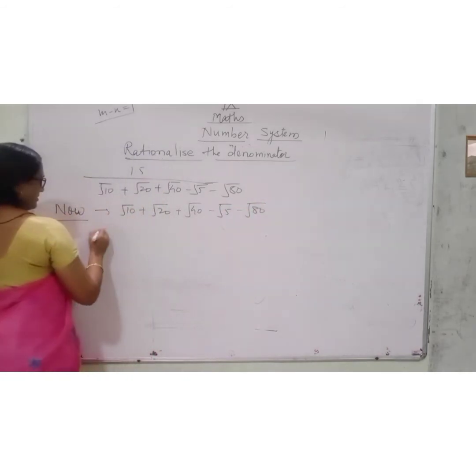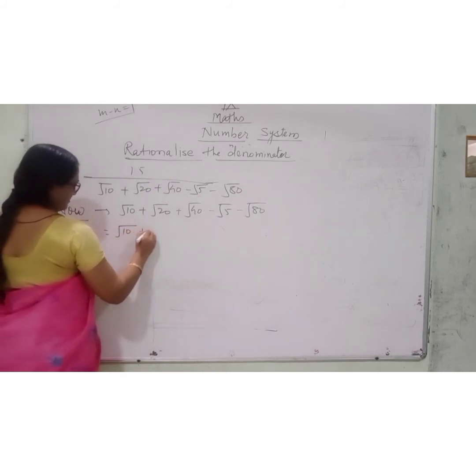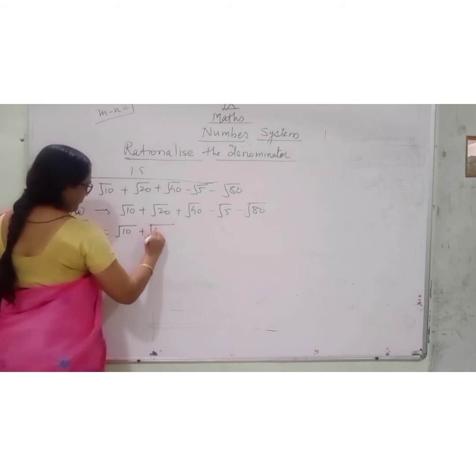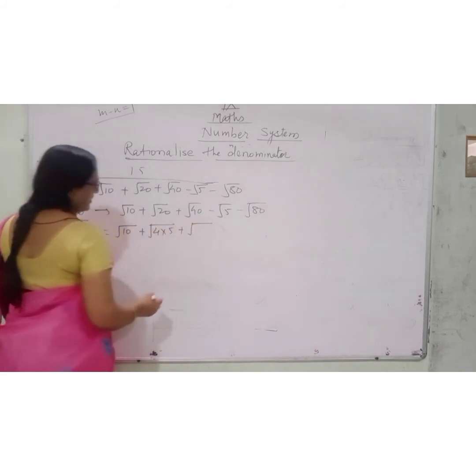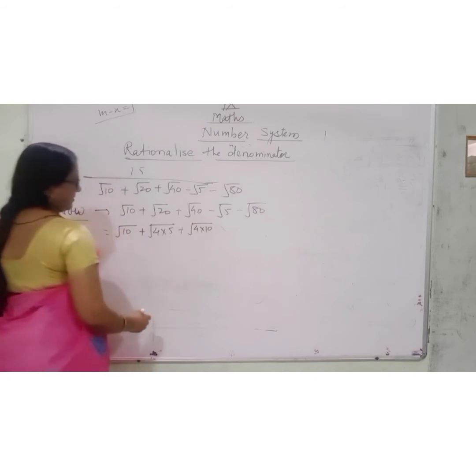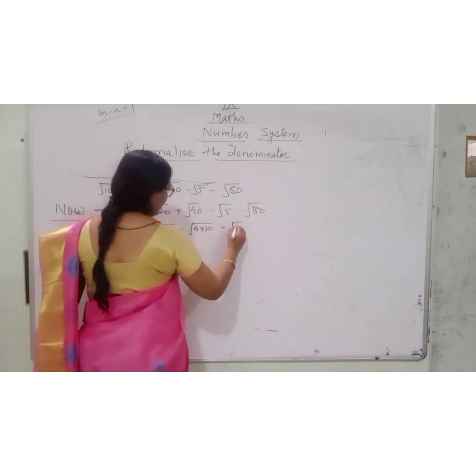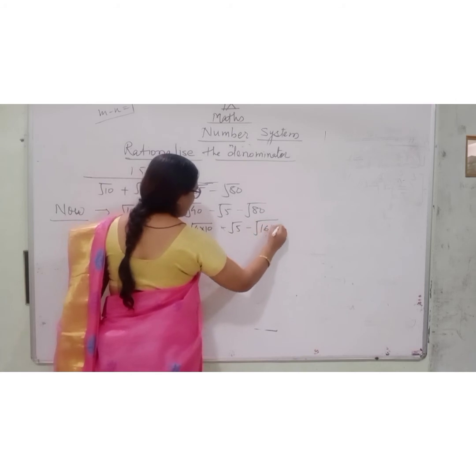Okay. So is equal to root 10 plus, 4 5s are 20, plus here 4 multiplied by 10, minus 5, minus 16 5s are.